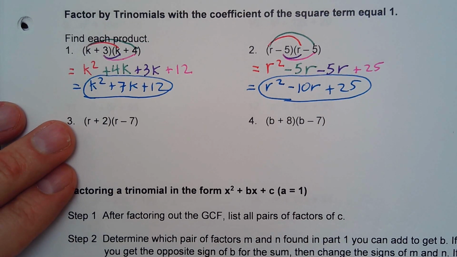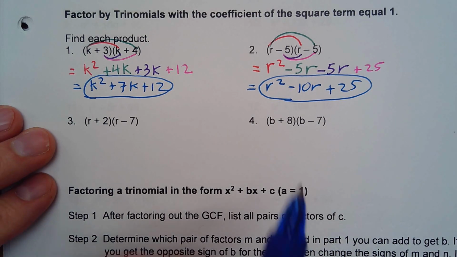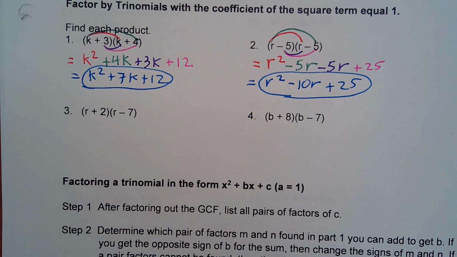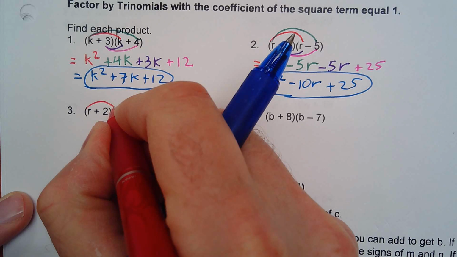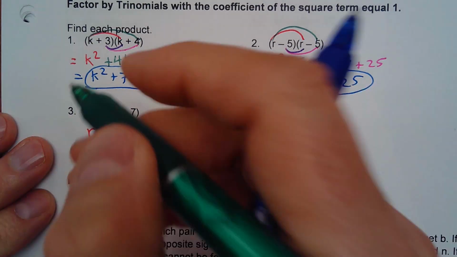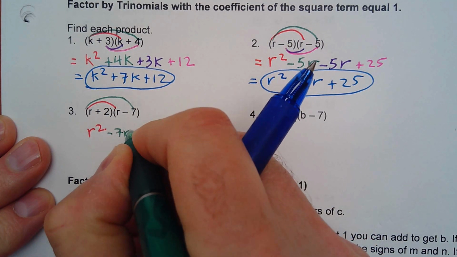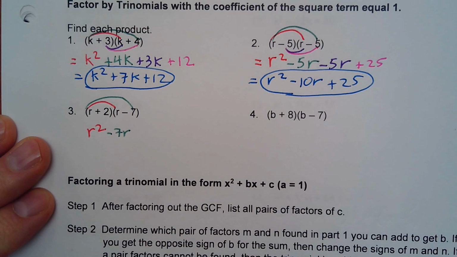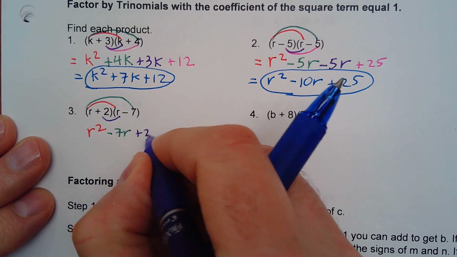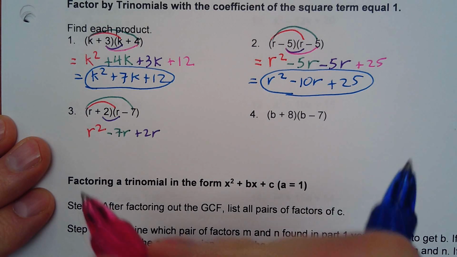So let's look at number 3. So again, just doing this real quickly. We're taking the product of the first, then outers, then inners, and then last.